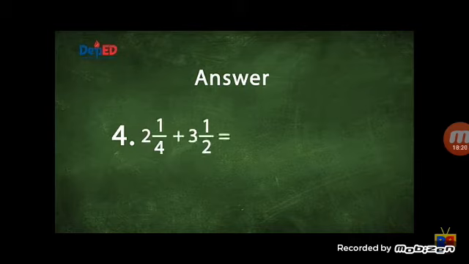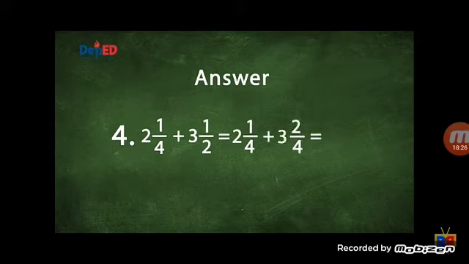Number 4. 2 and 1/4 plus 3 and 1/2 equals 2 and 1/4 plus 3 and 2/4 equals blank and 3/4. Step 1. Change fractions to similar fractions through getting the least common denominator, or LCD.